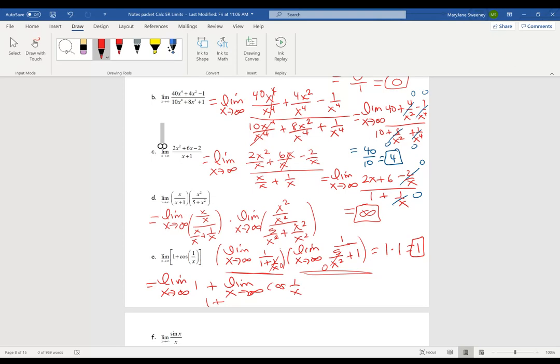Well, again, if you thought of plugging in infinity, or just as we've been saying, 1 over x goes off to 0 as x is approaching infinity. So this is 1 plus cos of 0, which is equal to 1 plus 1, or 2. Remember, cos of 0 is 1.